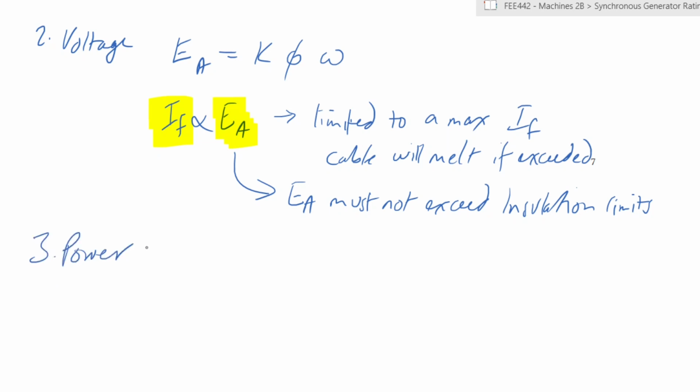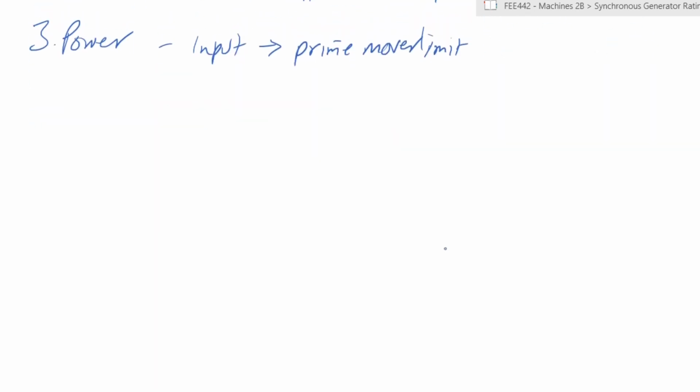So there's a limit to the amount of power that, first of all, you can apply to the machine, and secondly, you can take out of the machine. In terms of input power, this is limited by the prime mover.